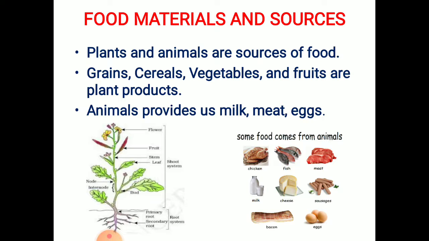Now we'll talk about the food materials and sources. As I said, there are only two ways to get food. One is plants and the other is animals.